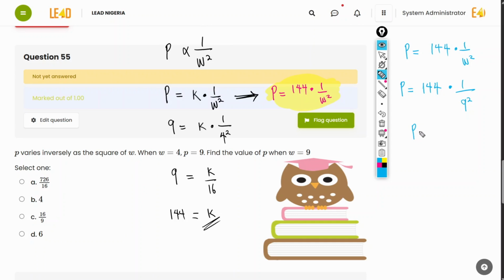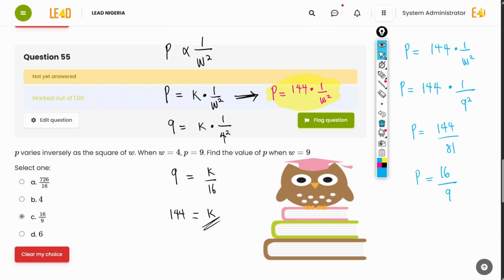This will be p is equal to 144 over 81. I can reduce this. I can divide by 9, and I'll get 16 over 9. So 9 can divide both of these, and the simplest form is 16 over 9. That's option C.